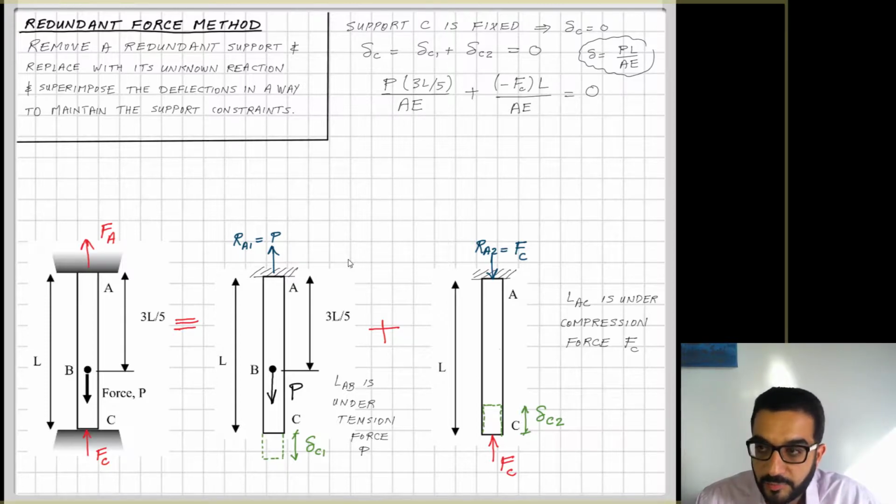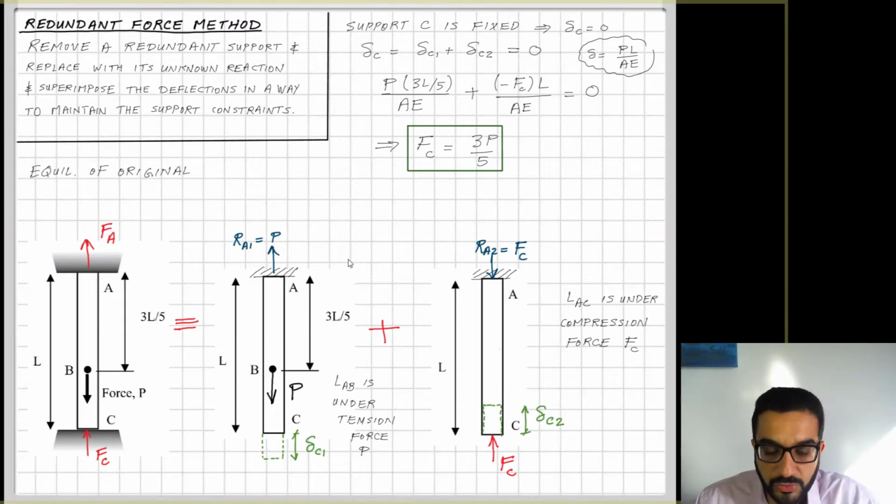You can see that I'm plugging in FC as negative to represent that compressive action. That makes sense, because if delta C1 is positive, delta C2 should be negative, so they can cancel each other. By solving this formula, I find that FC is equal to 3P over 5. So I already got one of the two unknowns that I was missing.